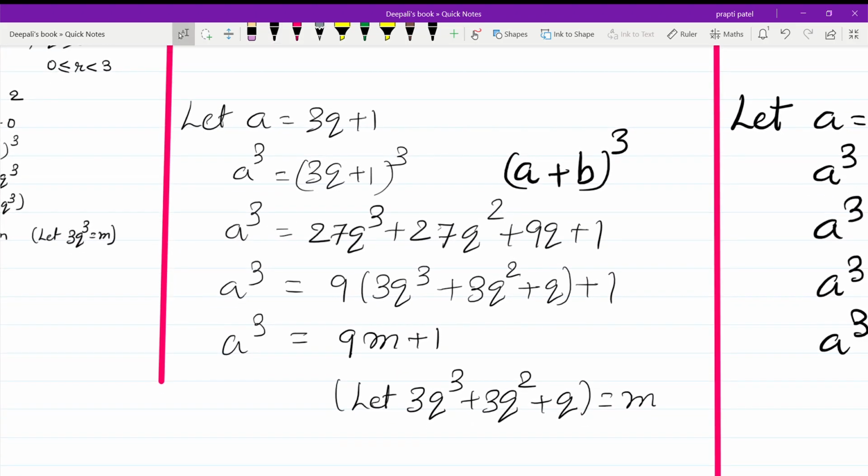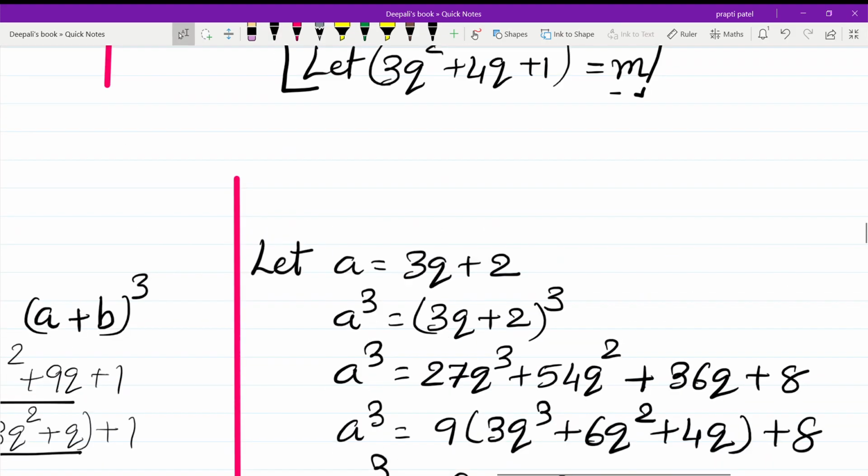Therefore, if I remove 9 common from these terms, I get 9 into bracket 3q cube plus 3q square plus q, and I suppose this to be m. Then I get it as 9m plus 1.